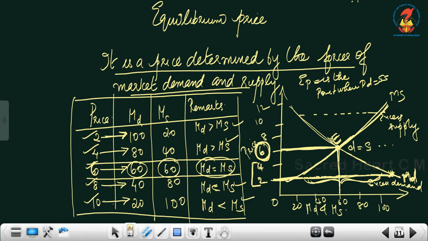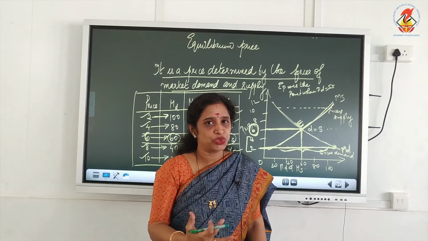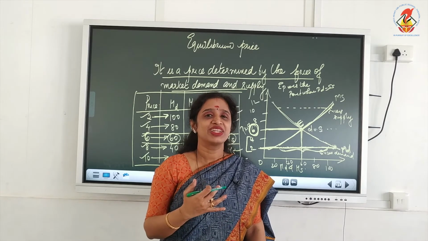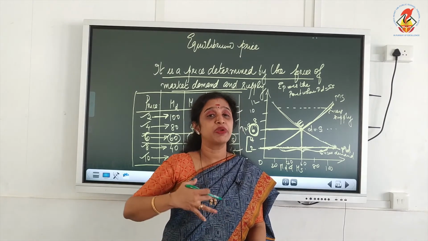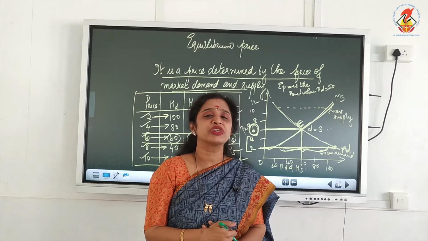Now, when there is excess demand, I told you, now the price is at 2, it will come back to the same price 6. How? Now there is excess demand, right? When there is excess demand, that means people are demanding more of the commodity.